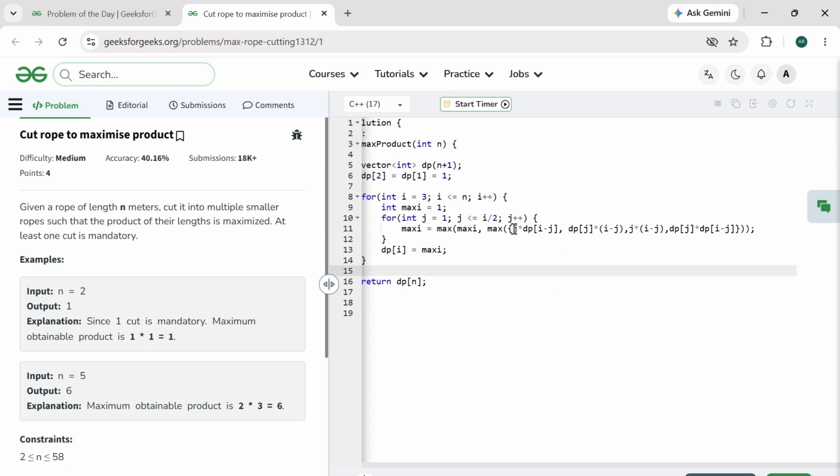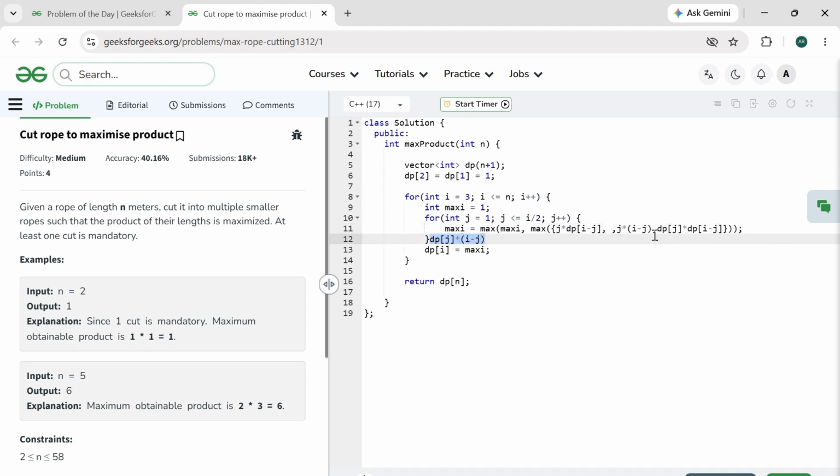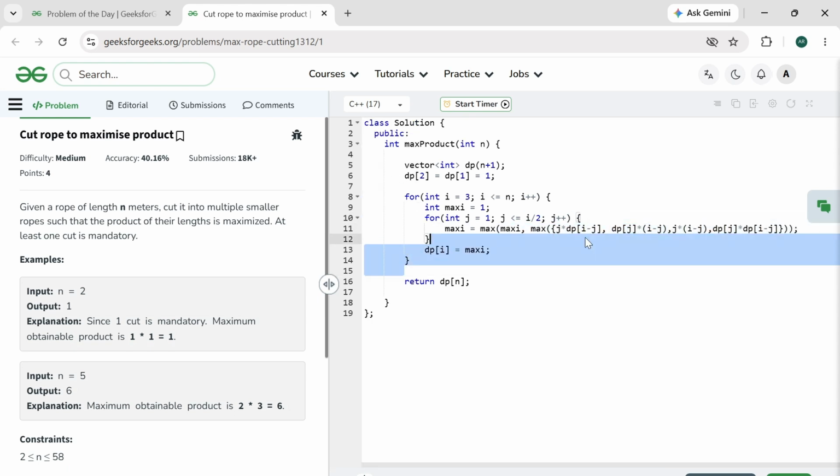I have just explained in the approach how we solve this problem, and I told you that we have four different possible ways. These are the four different possible ways that I have written here, and out of these I'll find the maximum answer and store it here, and finally I'll set dp of i to this maximum, and I will finally return dp of n, right?